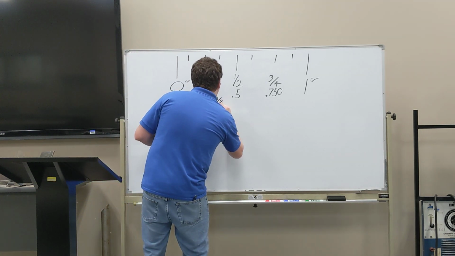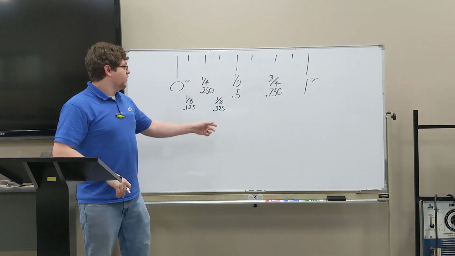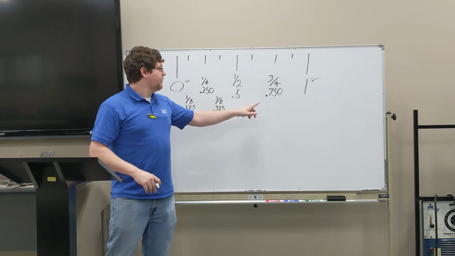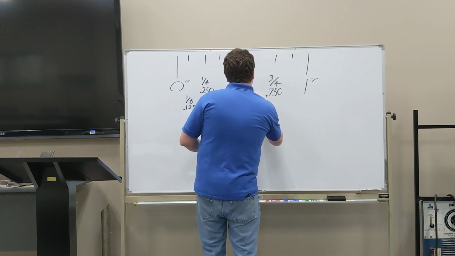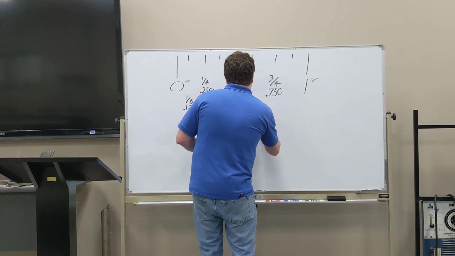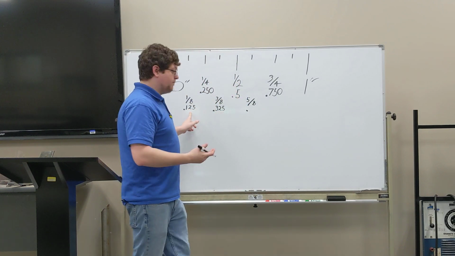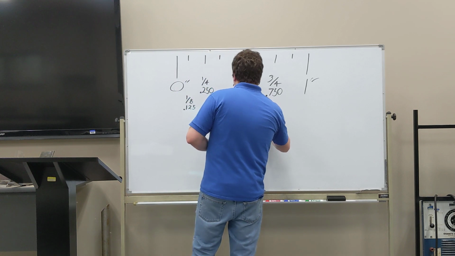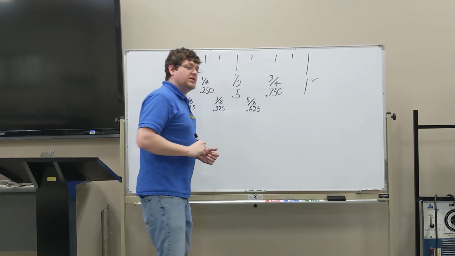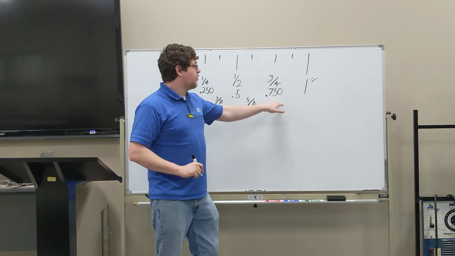So 0.375. You go 3/8 to half, we get to 5/8. 5/8 is 0.5 plus 1/8, so 0.5 plus 0.125, which is 0.625. 5/8, 3/4.